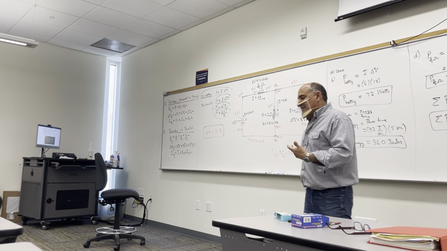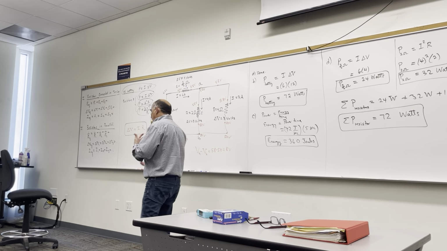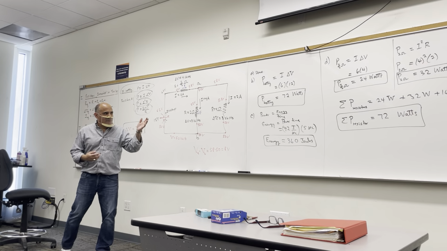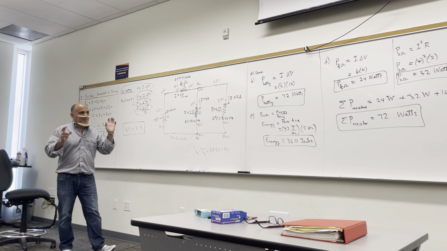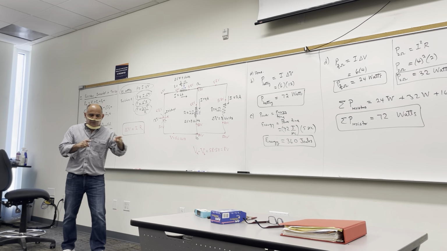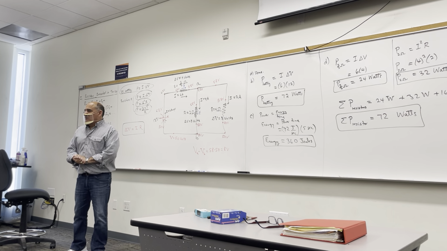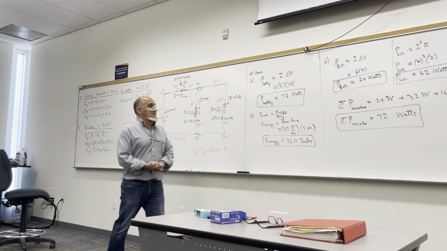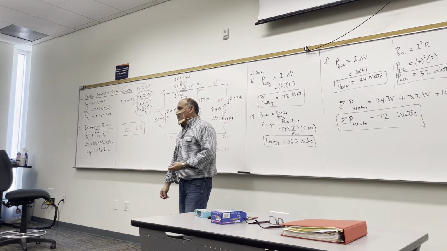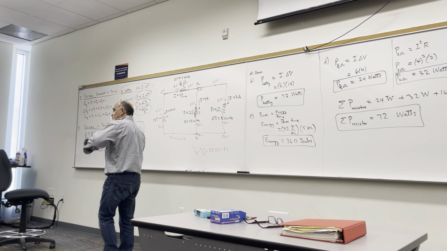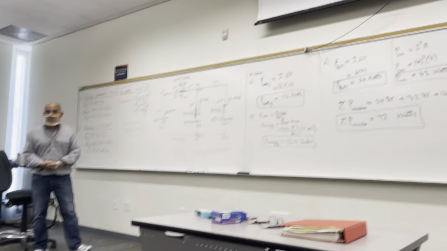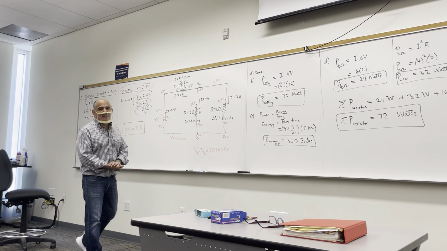So each one converts its part of the electrical energy to thermal energy. Precisely what the battery supplies in electrical energy, the resistors convert to thermal energy, the same amount in every second that goes by.